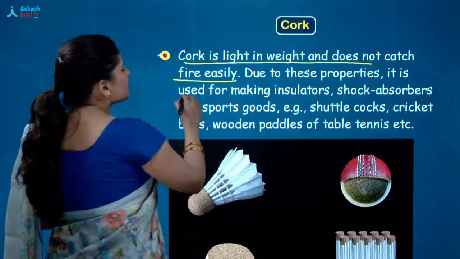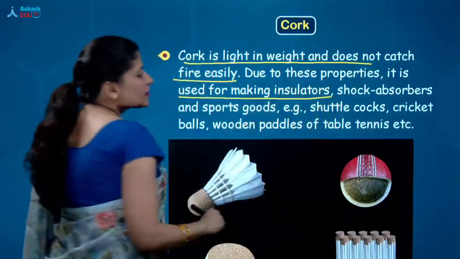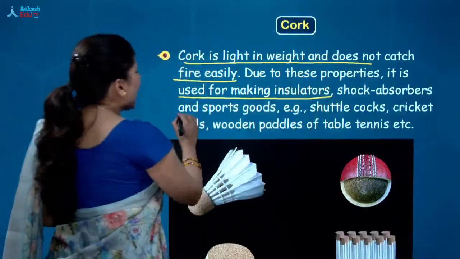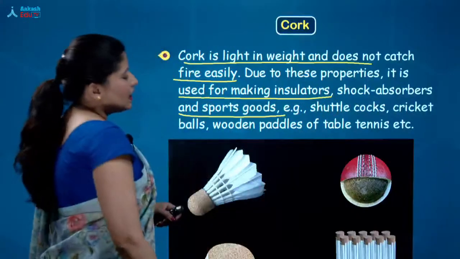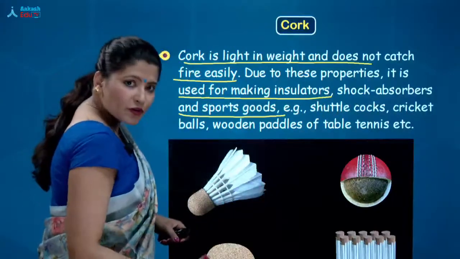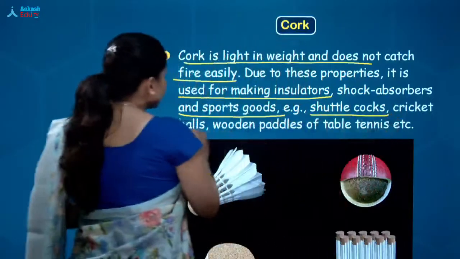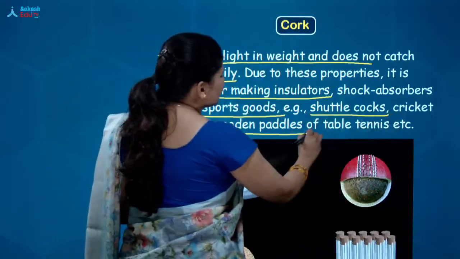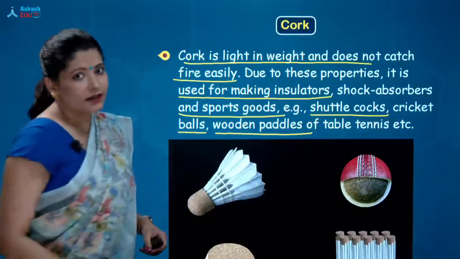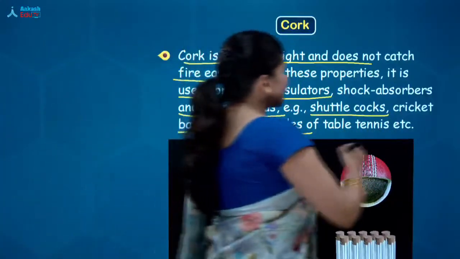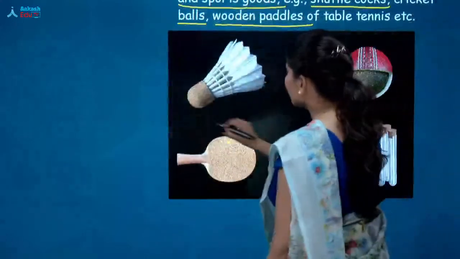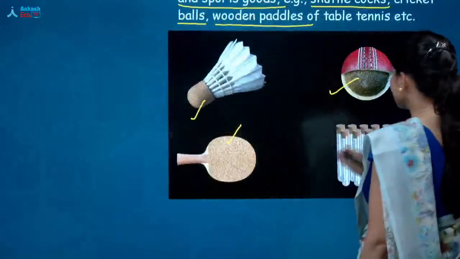So it is used for making insulators, shock absorbers and sports goods. Example, what kind of sports goods do we use? That is the shuttlecock, cricket balls, wooden paddles of table tennis, etc. So yes, in our sports goods also, which plant part do we use?